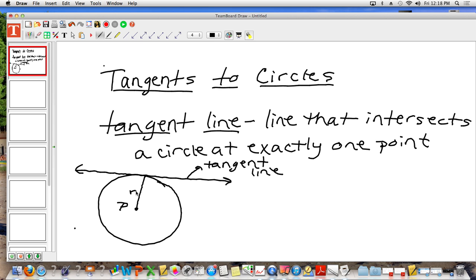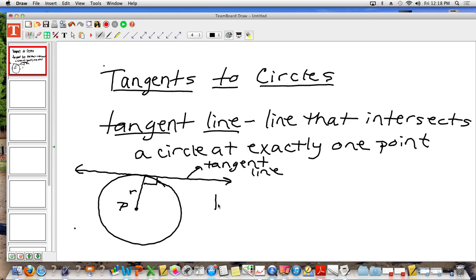So this circle has an infinite number of radiuses, by the way. Radiuses is not a word. What do you call more than one radius? A radii. R-A-D-I-I. So this is the radius that creates a 90-degree angle with the circle. So go ahead and draw yourself a 90-degree angle right there at the corner.